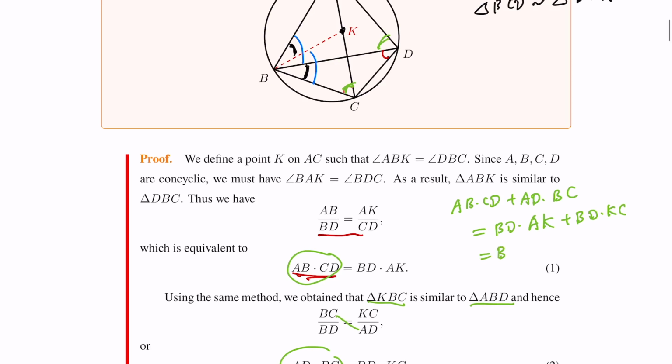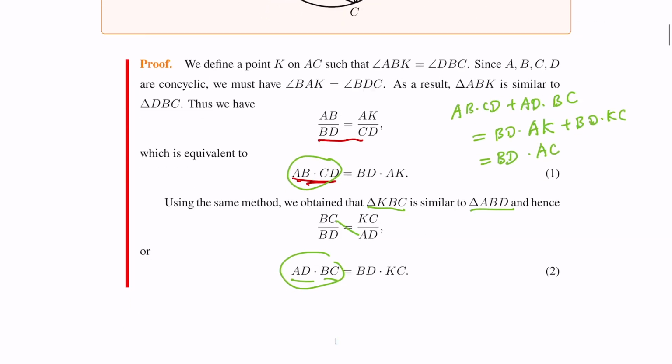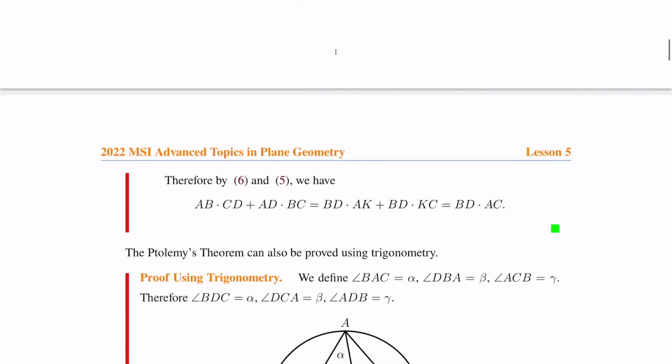You can factor out BD, leaving AK plus KC. But from the picture, AK plus KC is AC. So that gives a very good proof. I like that proof. It's pretty straightforward, yet it has some techniques. In particular, this is a good exercise in using similar triangles to prove a theorem.